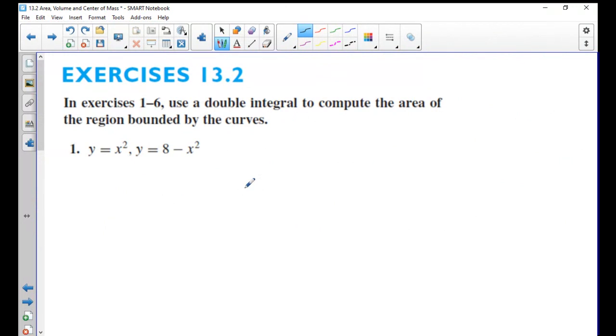Just time maybe to do. Can you try this question? I'll give you some time to have a look at it. So you want to find the area of this region between these two curves. Sorry? 13.2 is not in the test, but 13.1 yes.